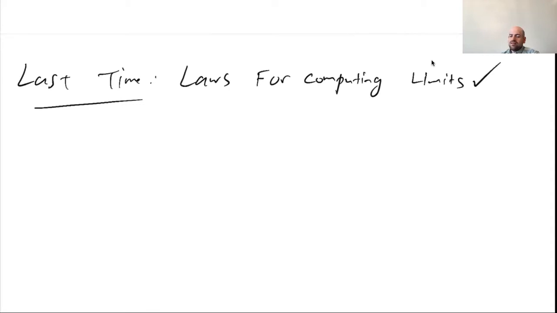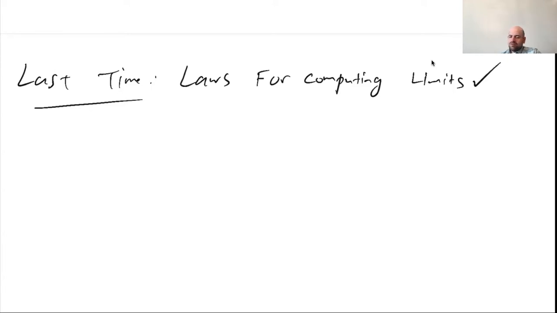We provided a list, for example, the limit of a polynomial function. For a polynomial function, we can simply replace x with the number. Or other rules, for example, for rational functions, or if you want to find the limit of the addition of two functions, what should we do?